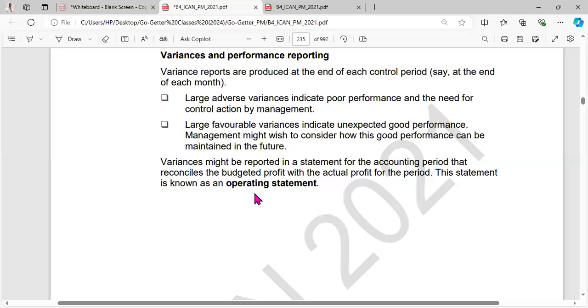Part C could be prepare a flexed budget, and part D could be prepare the reconciliation statement or the operating statement. So for you to prepare that, you would have done your variances and use them to prepare it.